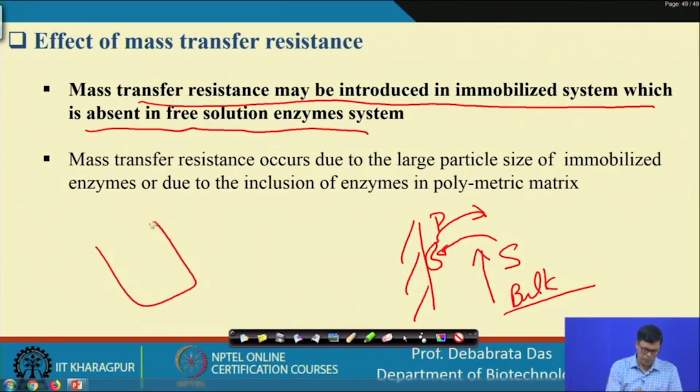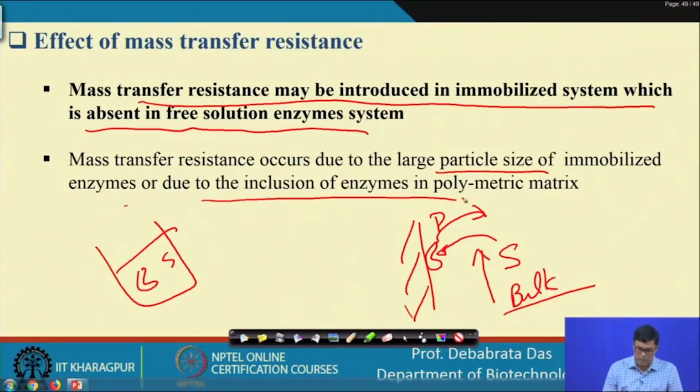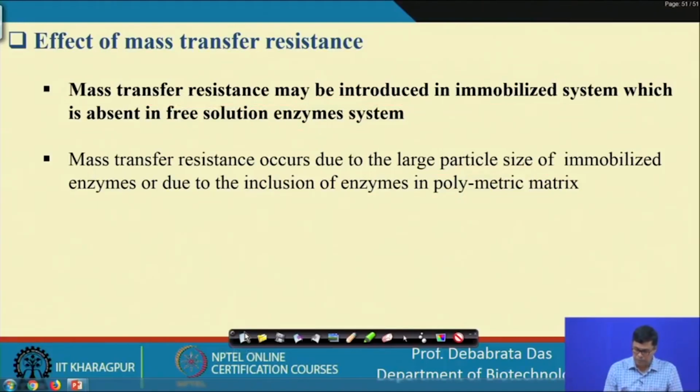In solution, enzymes and substrate freely interact with each other, but as soon as you immobilize the enzyme, they do not interact freely. The substrate has to diffuse onto the surface of the solid matrix, and only then does the reaction take place, and after the reaction is over, the product has to diffuse to the bulk. The mass transfer resistance occurs due to the large particle size of the immobilized enzyme and due to inclusion of the enzymes in the polymer matrix.